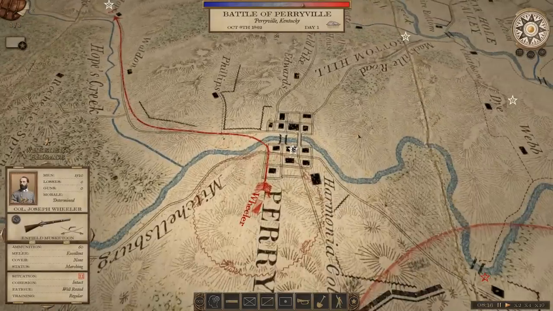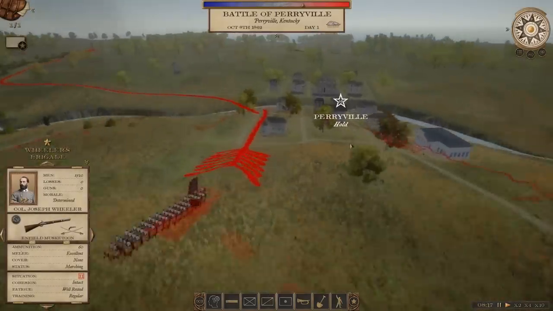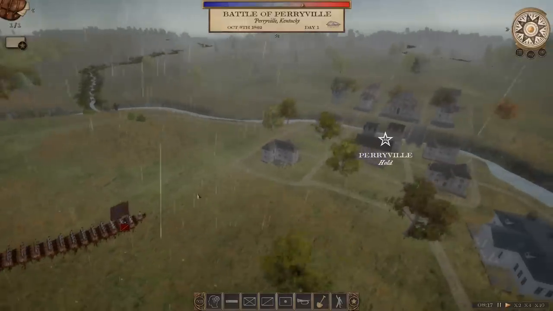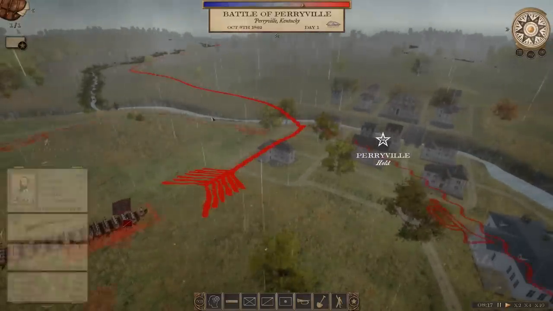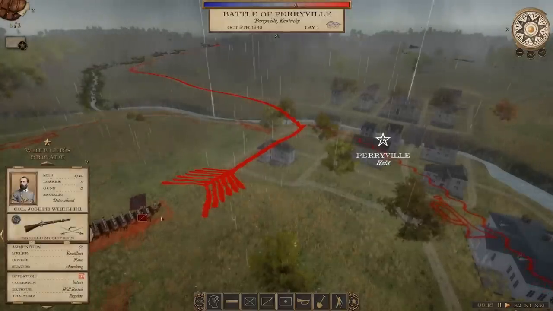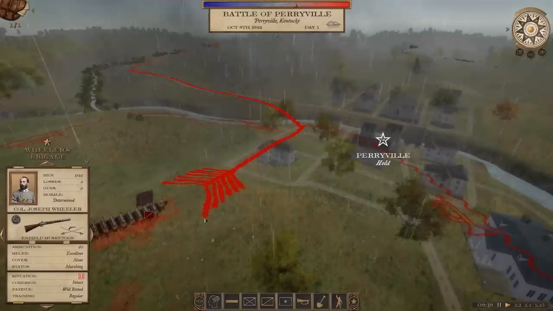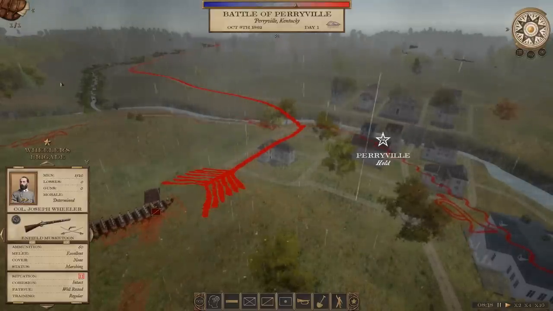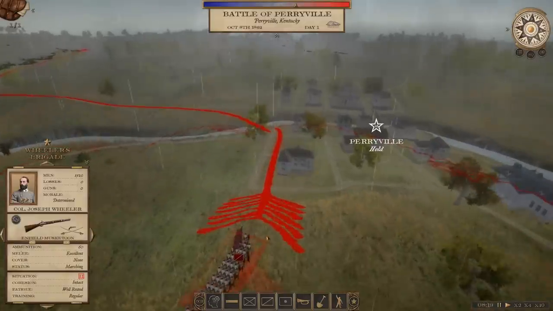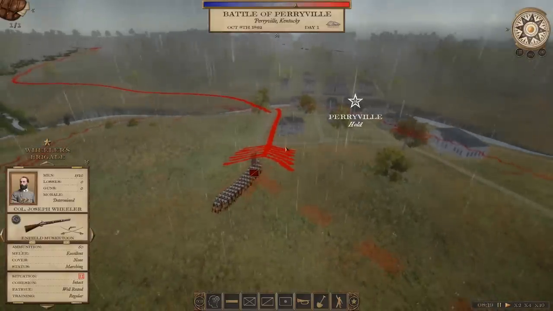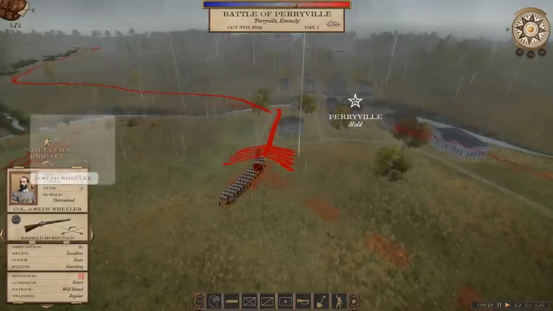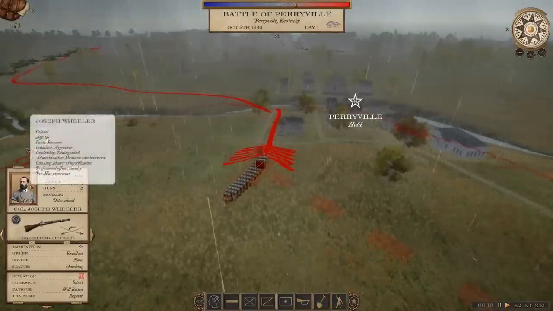And here we already see that Wharton's cavalry is moving out and heading for the left flank. And here, while we are waiting for the units to move, we can also take a look at the commander information. So each commander has his own personal attributes.